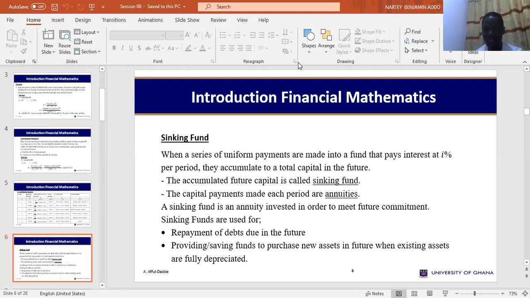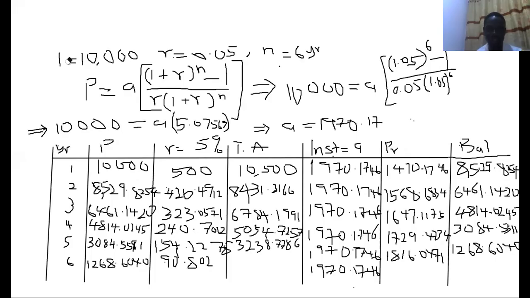So let me go back to the whiteboard. So sinking fund is about setting equal monies aside, and paying into a fund.